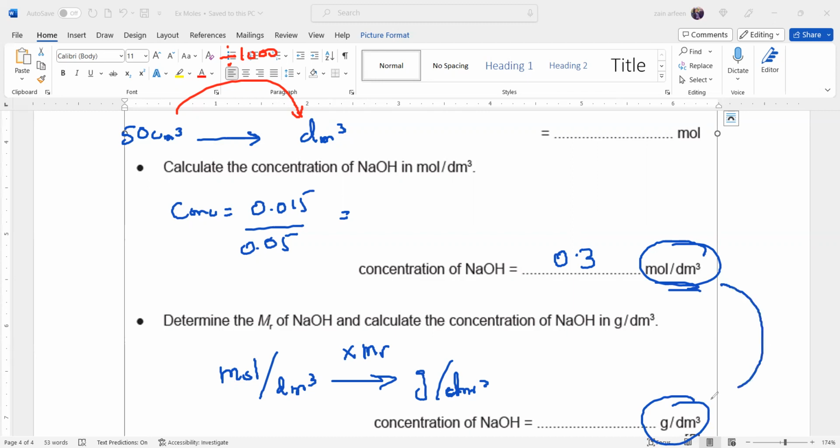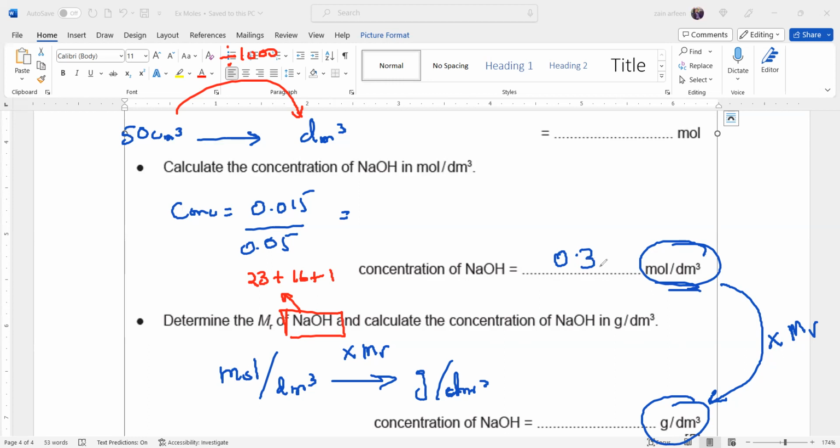So to convert, we just have to multiply by molar mass. And what is the molar mass of sodium hydroxide, NaOH? You have to use the periodic table. Sodium is 23, oxygen is 16, and hydrogen is 1. So 16 plus 23 is 39, plus 1 makes 40. So the molar mass is 40.